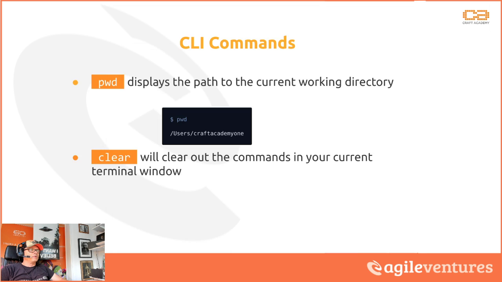Anyways, now some very basic CLI commands. If you want to know where you are in your terminal, you issue this pwd, and that is, I guess, an abbreviation or a shorthand for path to working directory or work directory or something. If you want to clear the output, so clear your terminal window, you issue the clear command.